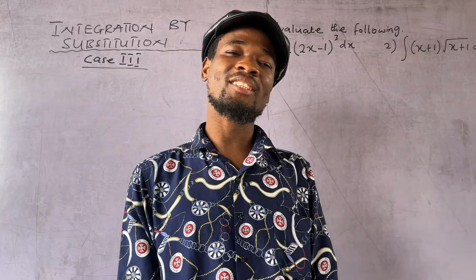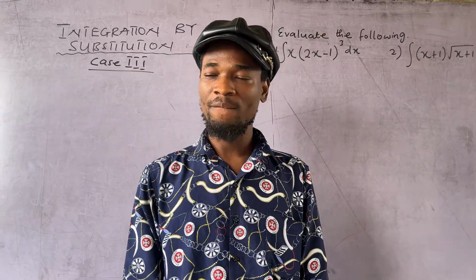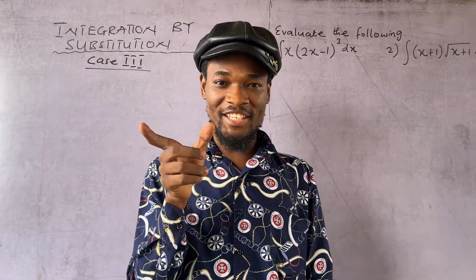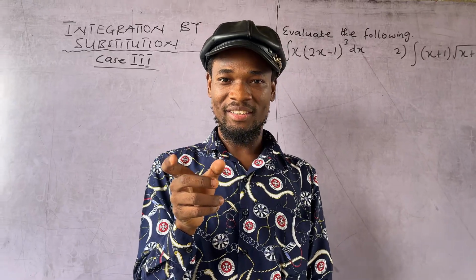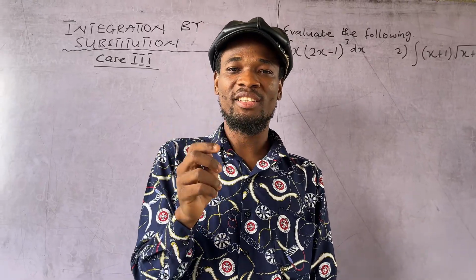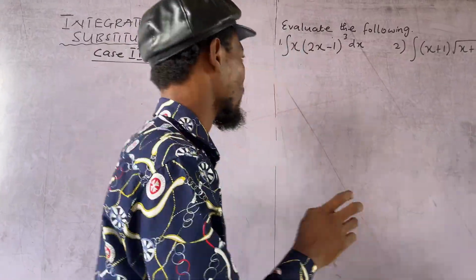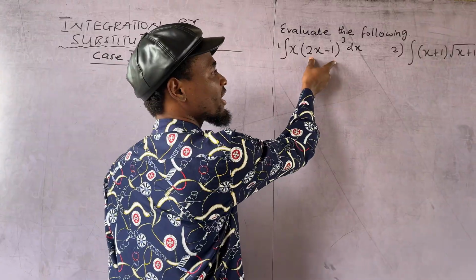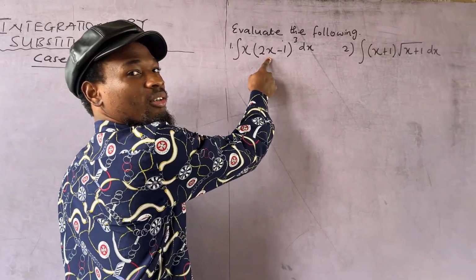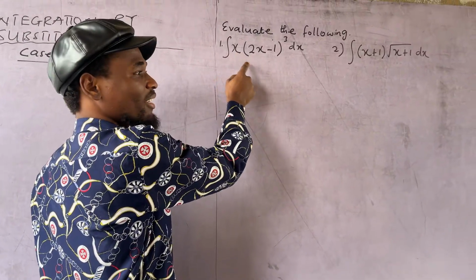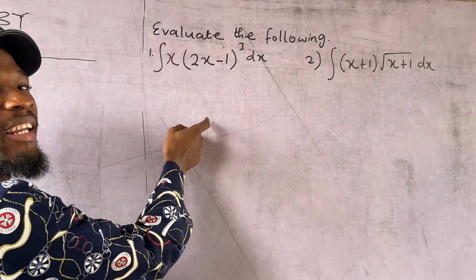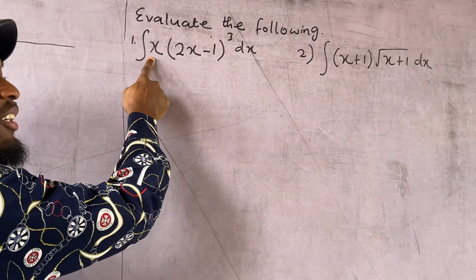We realize that in case 2, whenever you differentiate the inner function, the differential of the inner function is the coefficient of the whole function given. For example, when I differentiate this inner function, I will get a certain result, and that result is the same as the coefficient.